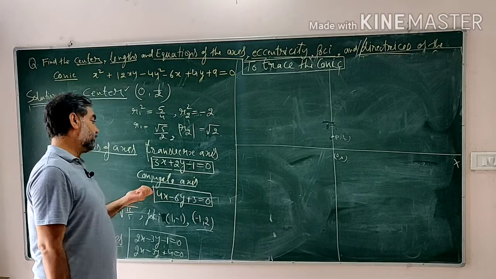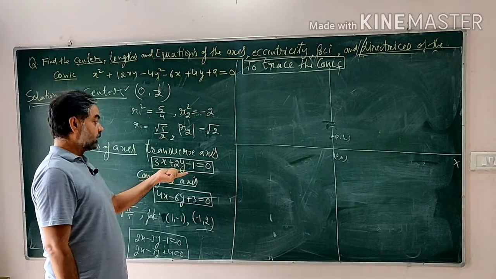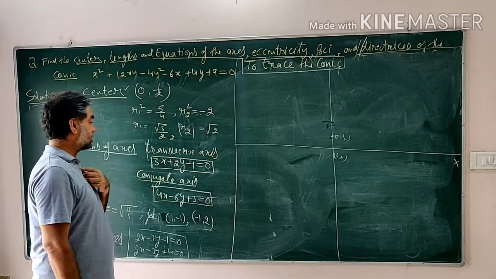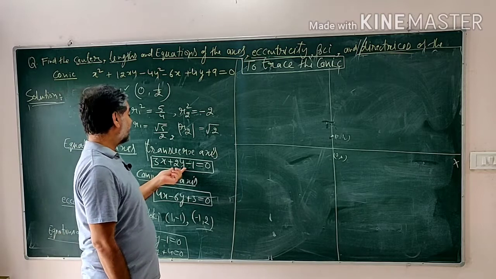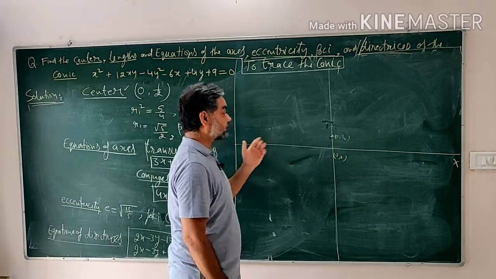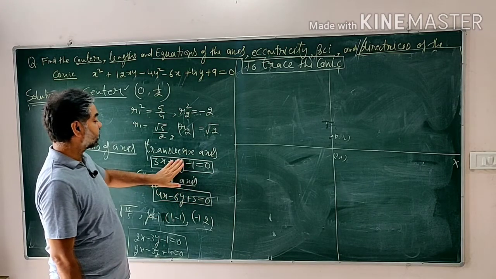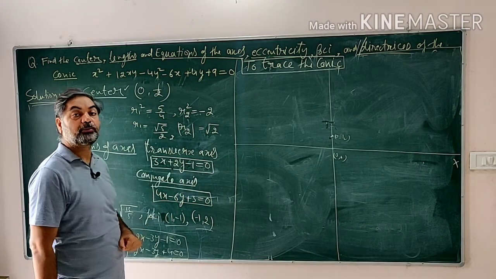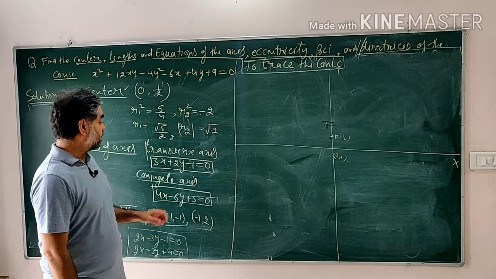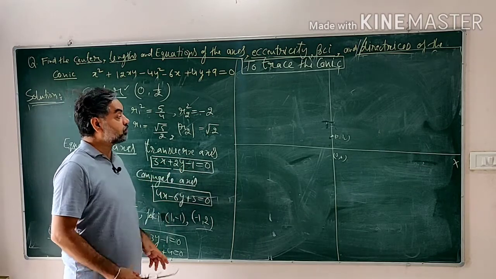Let's mark another point on this line, the transverse axis. To find another point, we can find where it meets the x-axis. If you put y equal to 0 here, you get x equal to 1 by 3.